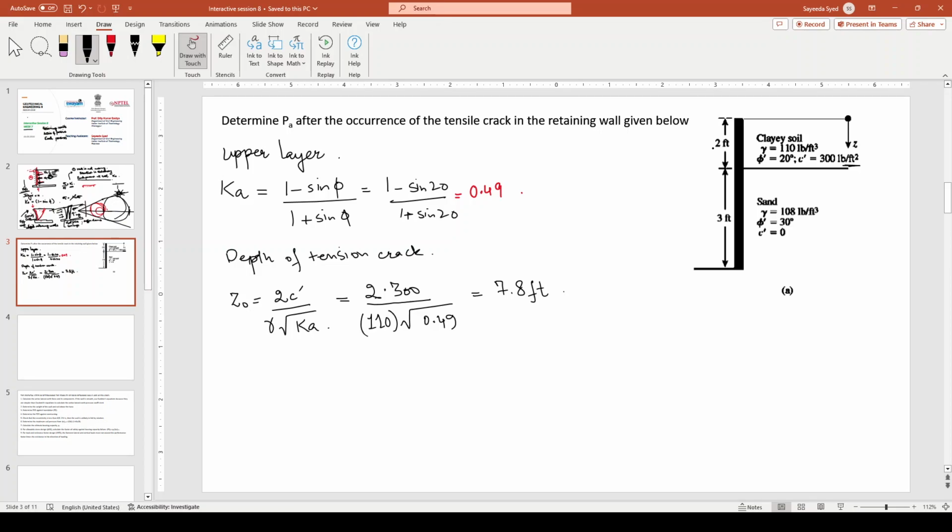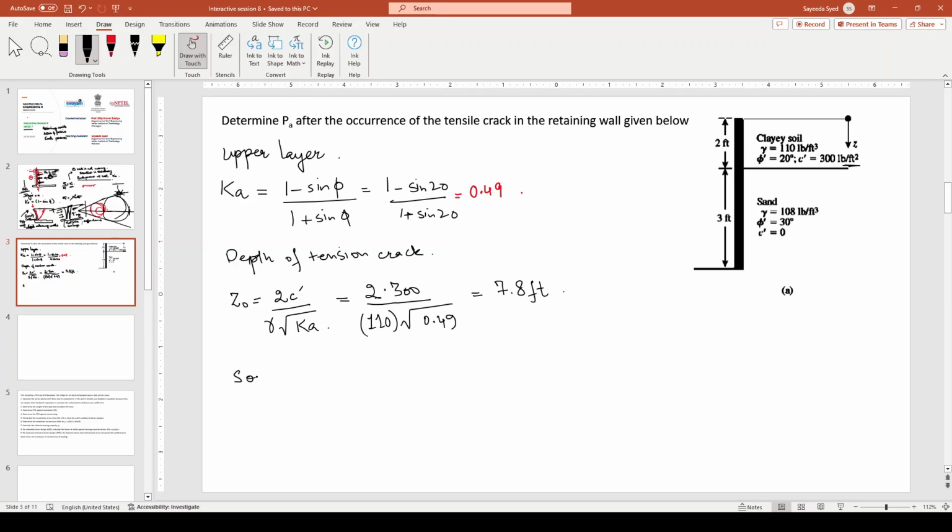But here, as you can see, the depth of clayey soil is only 2 feet. So tensile crack will develop only up to 2 feet. It will not go on to develop inside this sand layer also. It will only develop up to 2 feet.